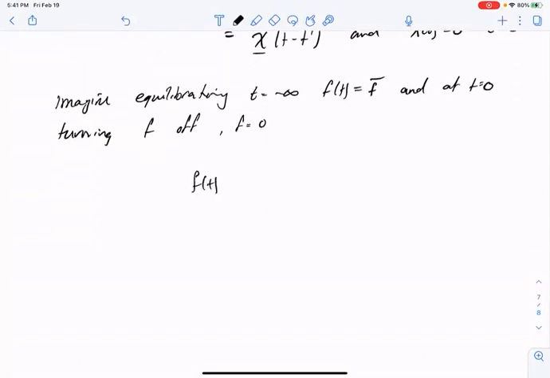Namely, that f of t is equal to f bar for t less than 0 and 0 for t greater than 0, or that f of t is equal to f bar times 1 minus theta of t.